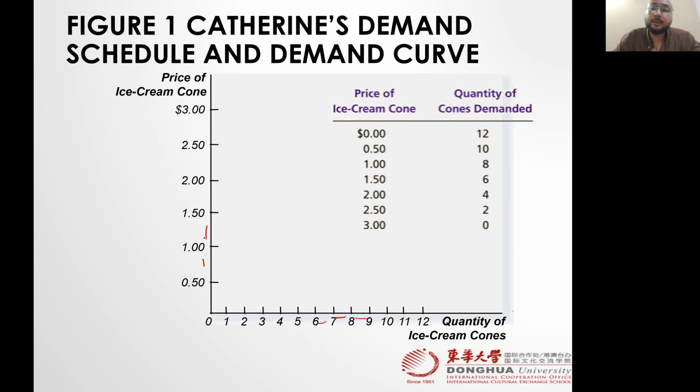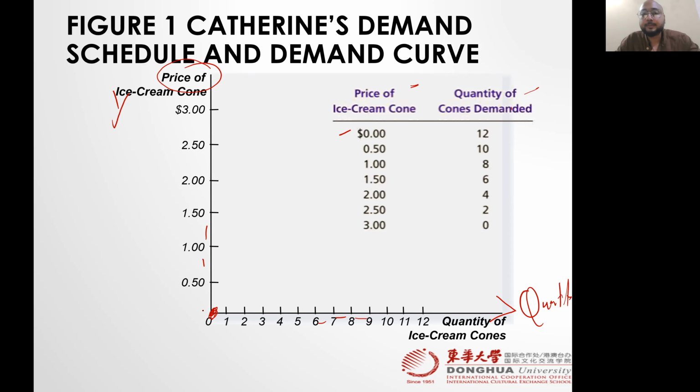Okay, now draw that. So first of all, at price 0, quantity demanded is 12. On the y-axis, we write down the prices, and on the x-axis, we write down the units or quantity. Right? So now price is 0.